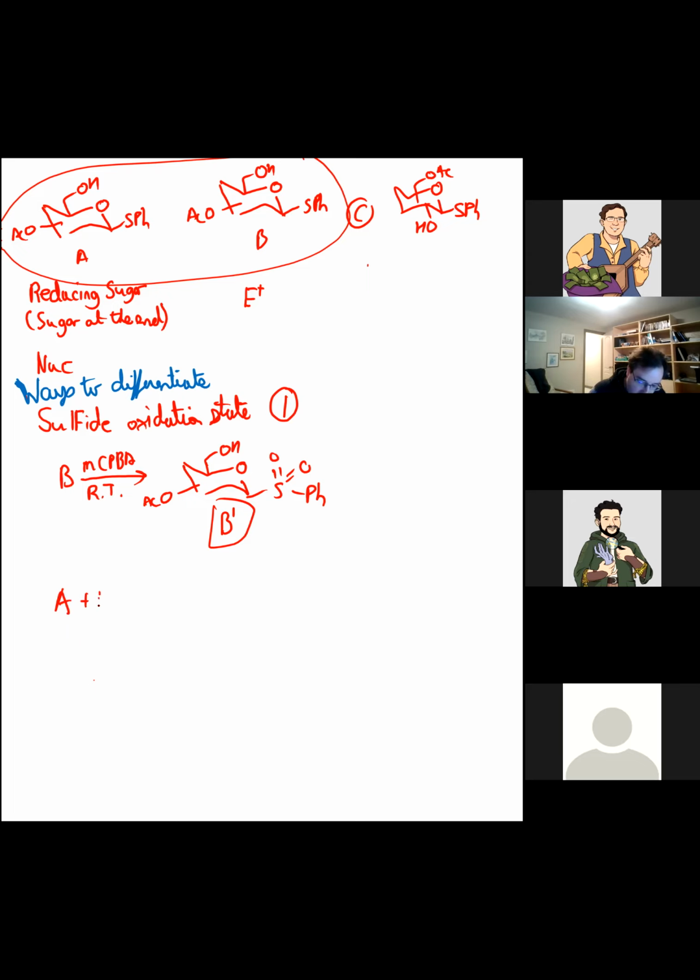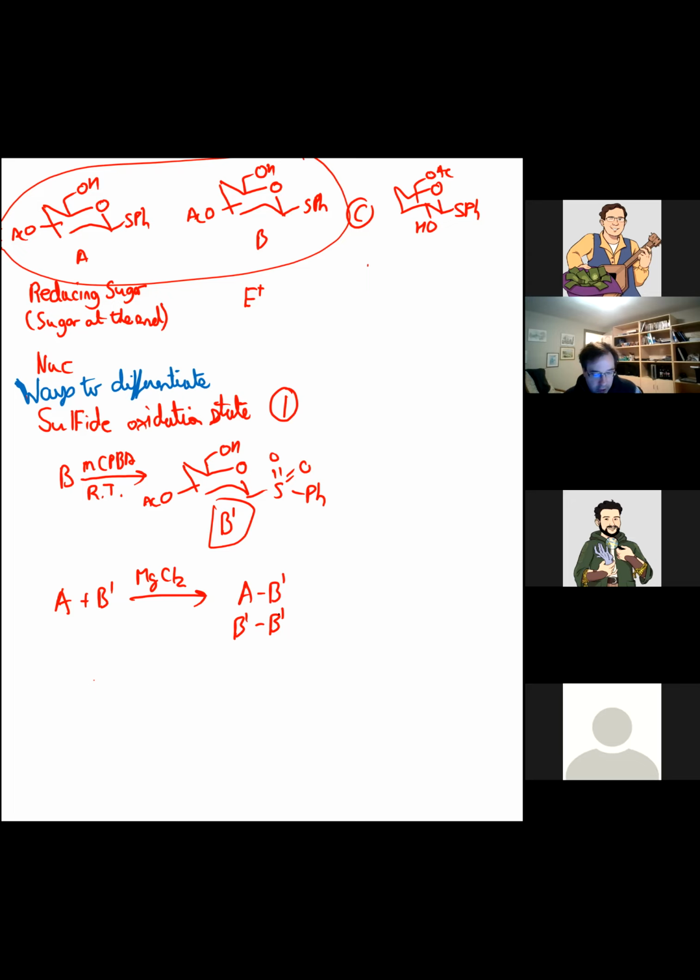So A plus B prime in the presence of magnesium bromide will give us AB prime or B prime B prime. But we're not going to have any A as the electrophile because A is not going to be activated by that. So we still have a problem here.